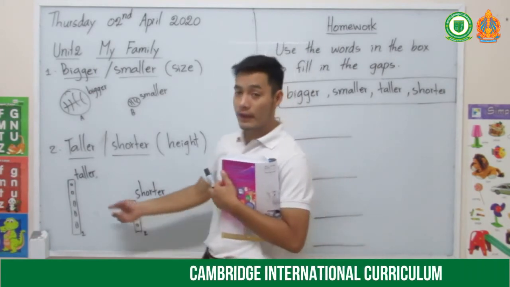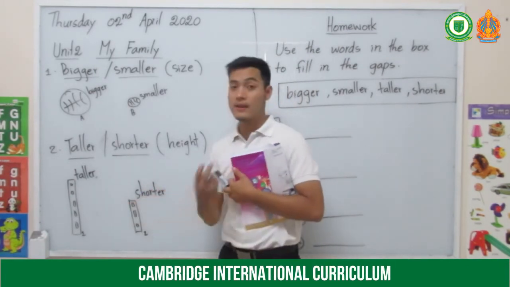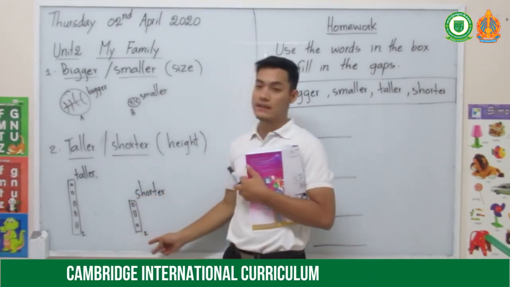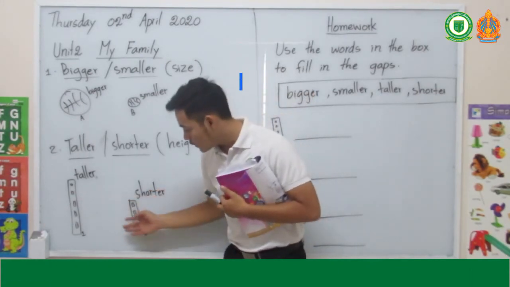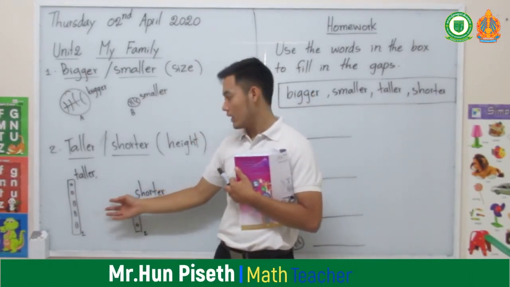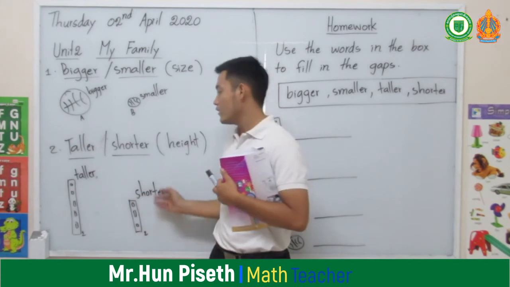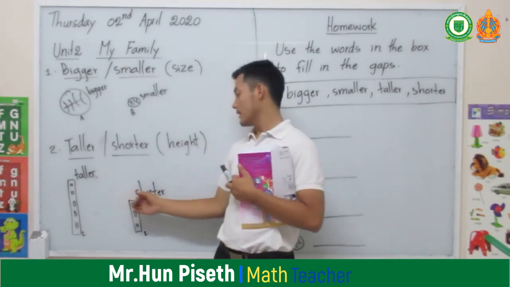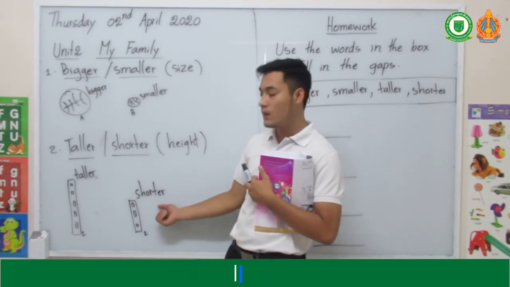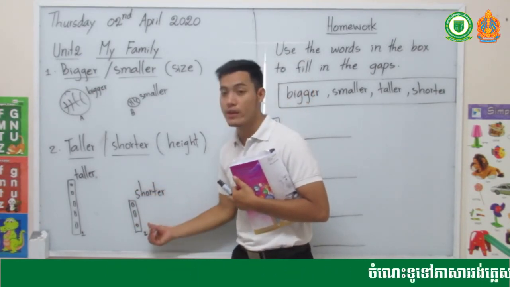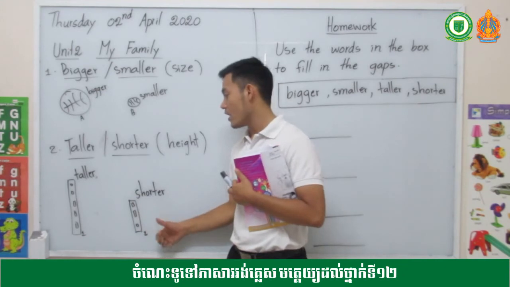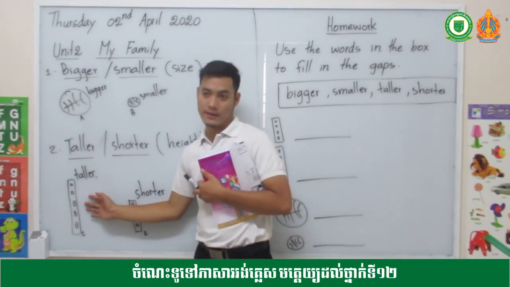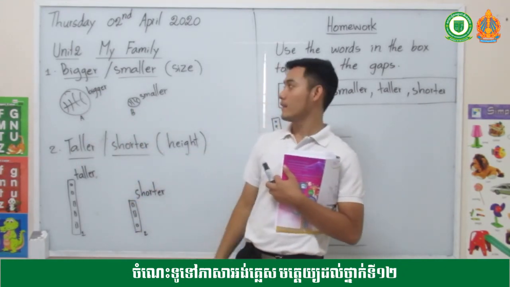So like you look at the picture, there are two buildings, building 1 and building 2, and then you try to count the floors of each building, and then you really know that building 1 is taller than building 2, and building 2 has only 3 floors, so building 2 is shorter than building 1. Okay, that's all for the review of the second video.